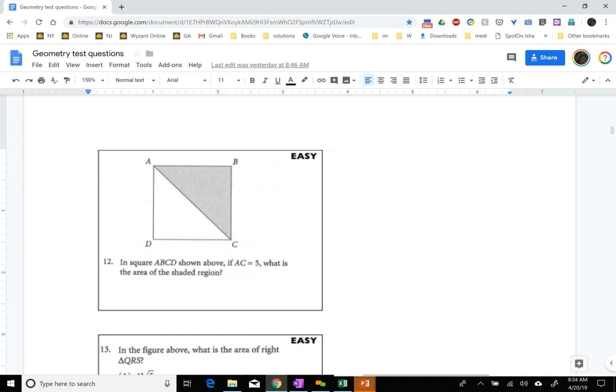Is it 5 over root 2 or 5 root 2? 5 over root 2. Remember, because we're looking for the little side. You already know the big side, right? When you look for the little side, you should divide. So then it equals 25 over 2.